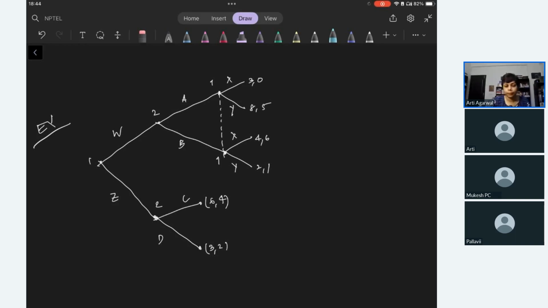And two, what strategies does two have? We'll write the strategies of two in the same way that we wrote earlier, right? We wrote strategies of player two considering every node that the player might be playing.